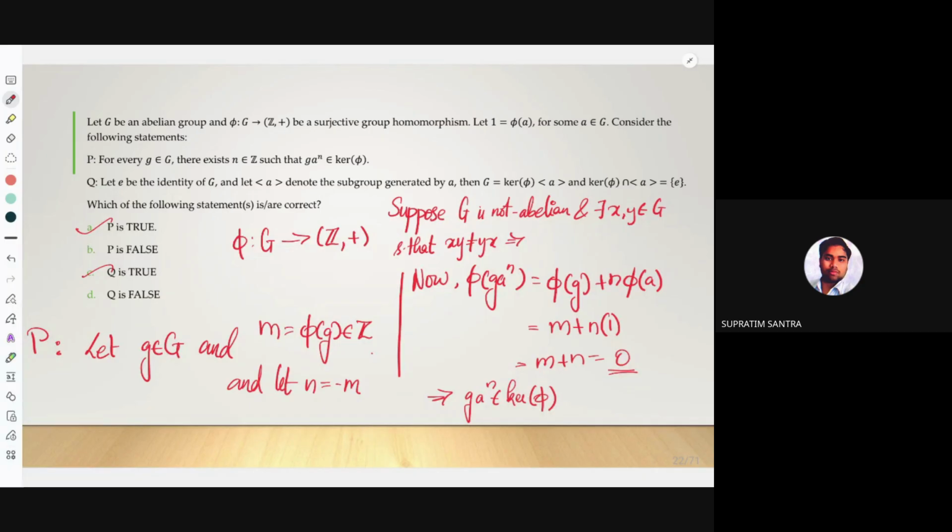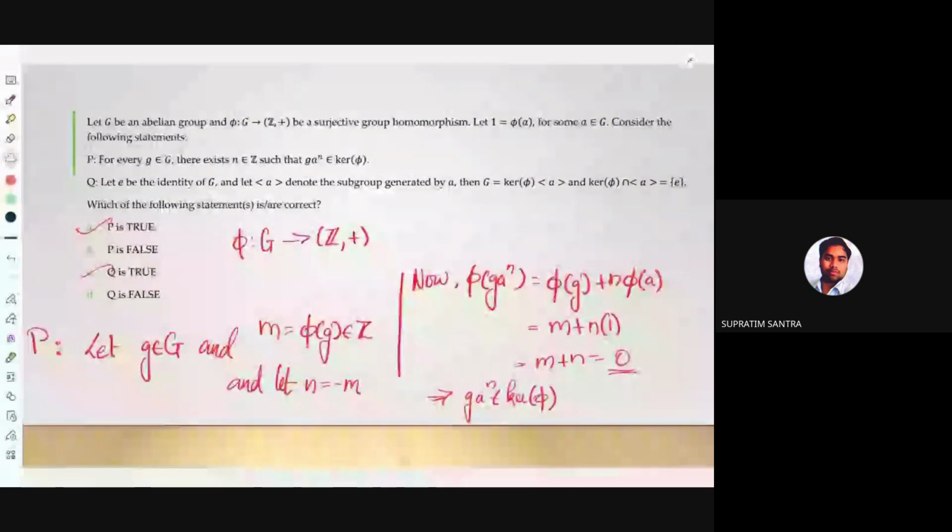Anyways, interesting. I didn't think about this. But to answer your question, we haven't used G is abelian as far as my knowledge goes. If someone is able to see where we have used the fact that G is abelian, I'll be happy to look at it.